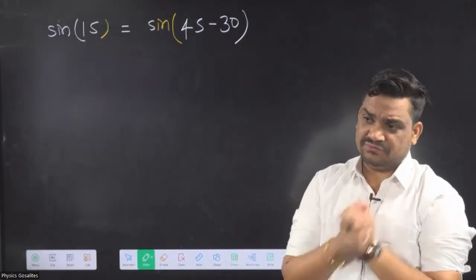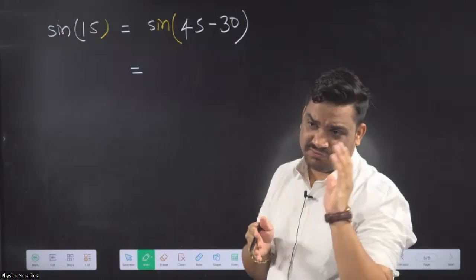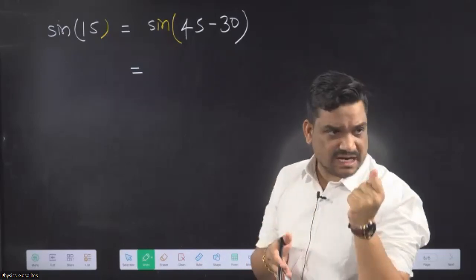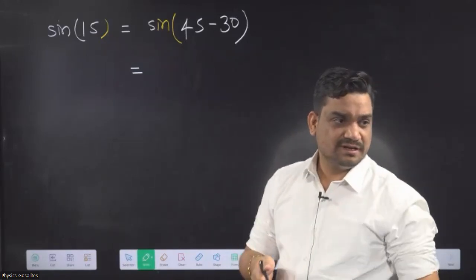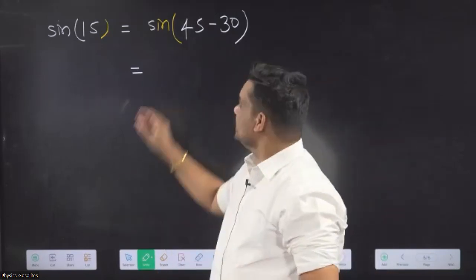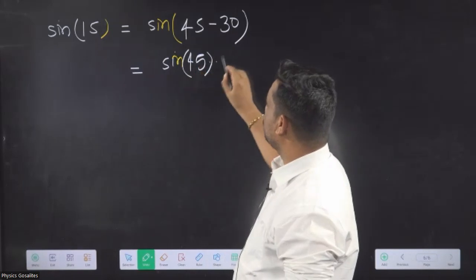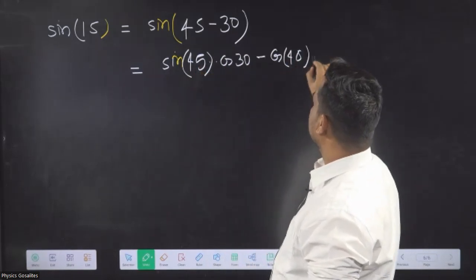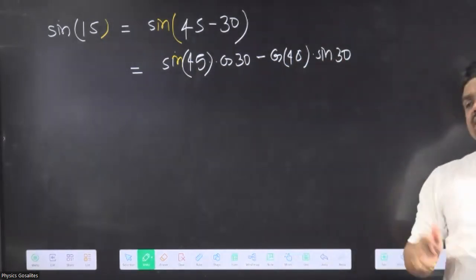Then this is sine A minus B. And we know the sine A minus B formula is sine A cos B minus cos A sine B. So sine 45 into cos 30 minus cos 45 into sine 30. Sine A cos B minus cos A sine B.